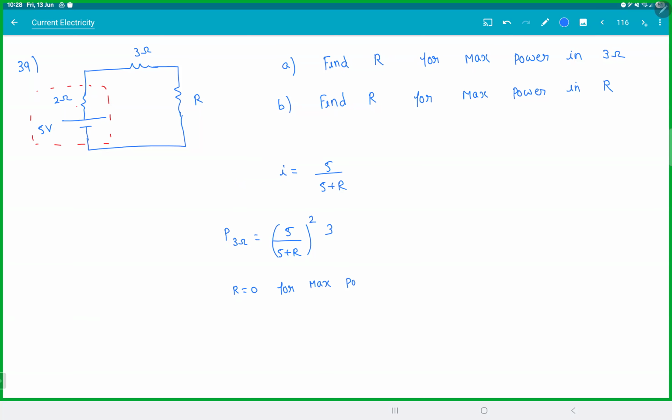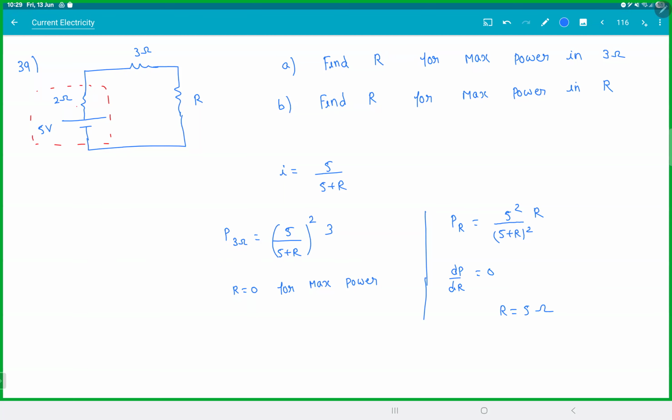So if you want maximum power in 3 ohms, just make R 0. But in case of R, this will be 5 squared by (5 plus R) whole squared into R. Here it's a maximum, again the maximum power transfer theorem: dP by dR is 0, we get R equal to 5. Hope you're getting the difference between both the equations.